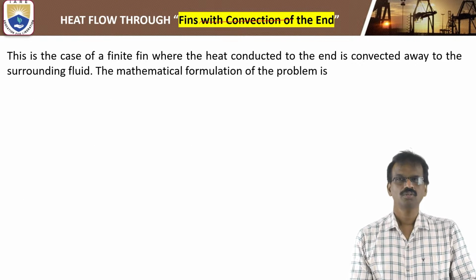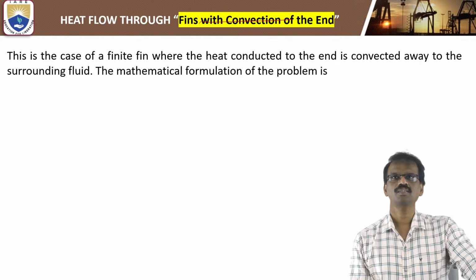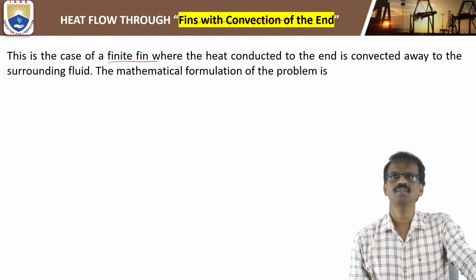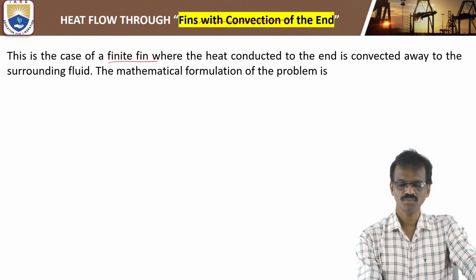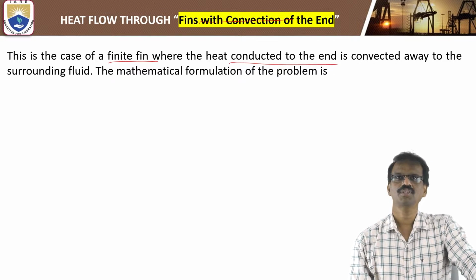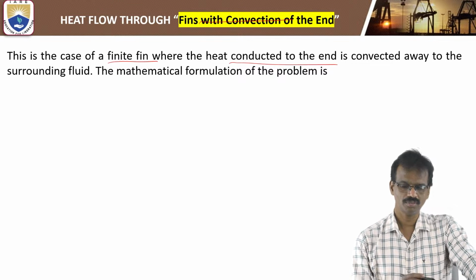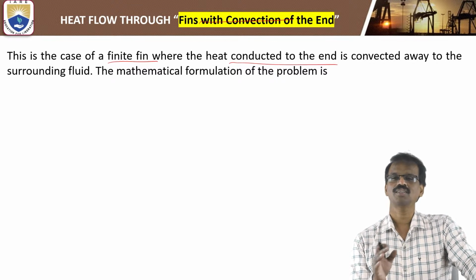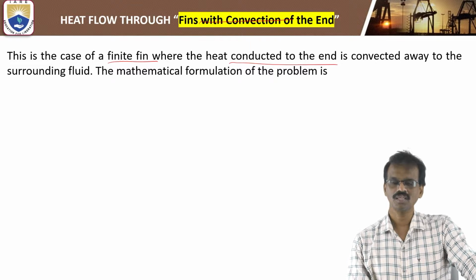This is the case of the finite fin, where the heat conducted to the end is convected away to the surrounding fluid. It means the rate of heat transfer by conduction is equal to the rate of heat transfer by convection.